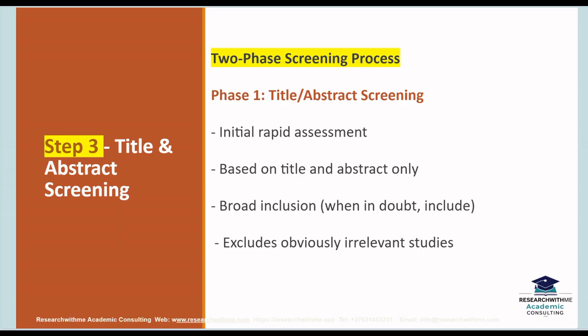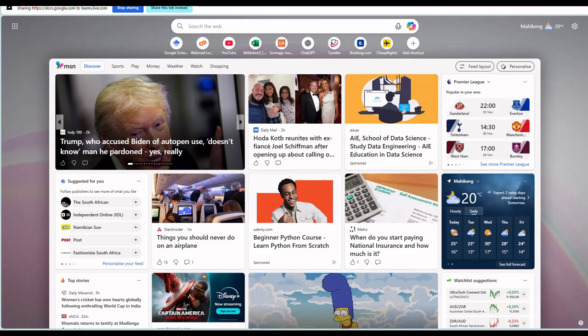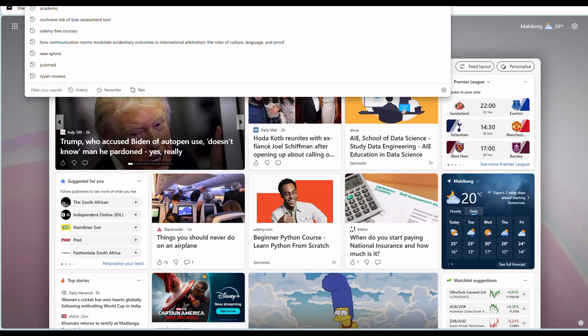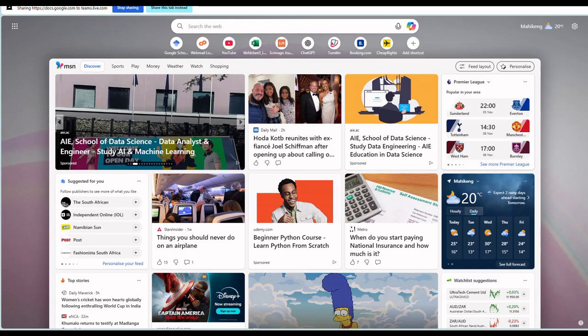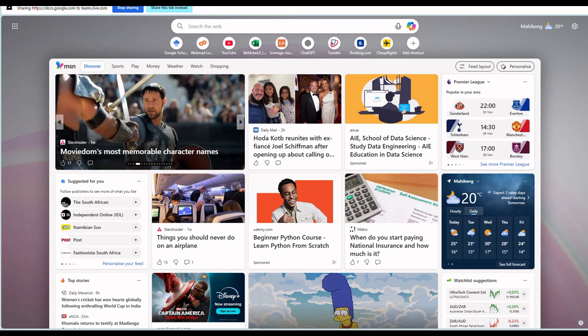reference managers, such as the one by Elsevier. There are a number of them. We have EndNote, we have Zotero, and this popular one that people use a lot.